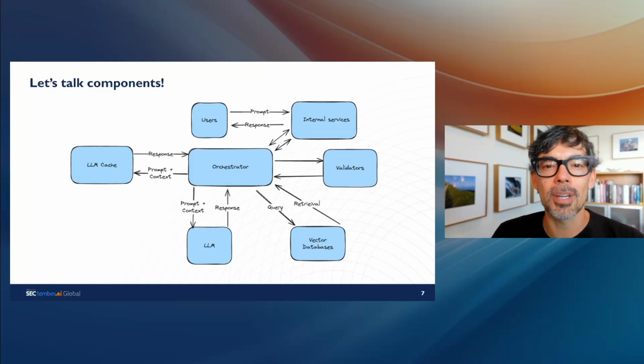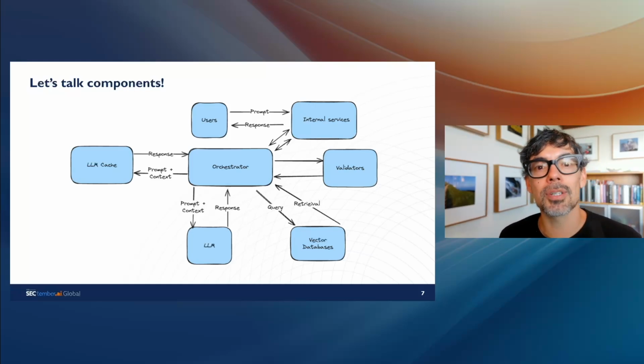They're going to be sending prompts. That goes into your services. You probably have a front-end web server that's going to take the user's request and pass it to some back-end services. Those back-end services at some point are going to be making a request over to the large language model, and we're having that go through what's called an orchestrator. This is a piece of code that you or your team has probably written.